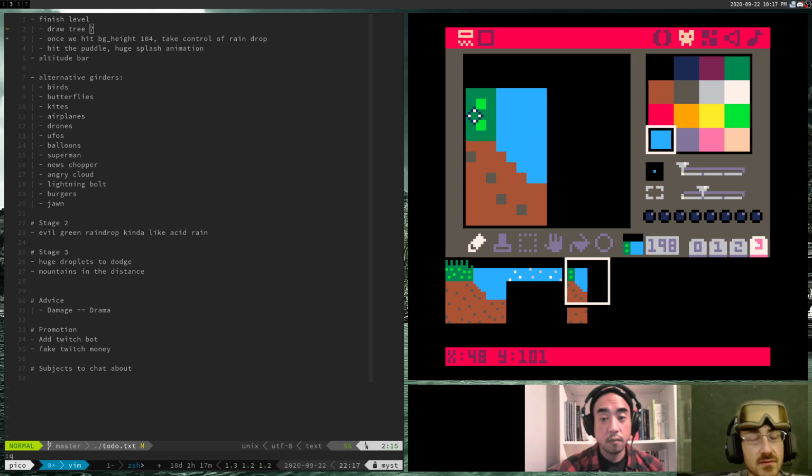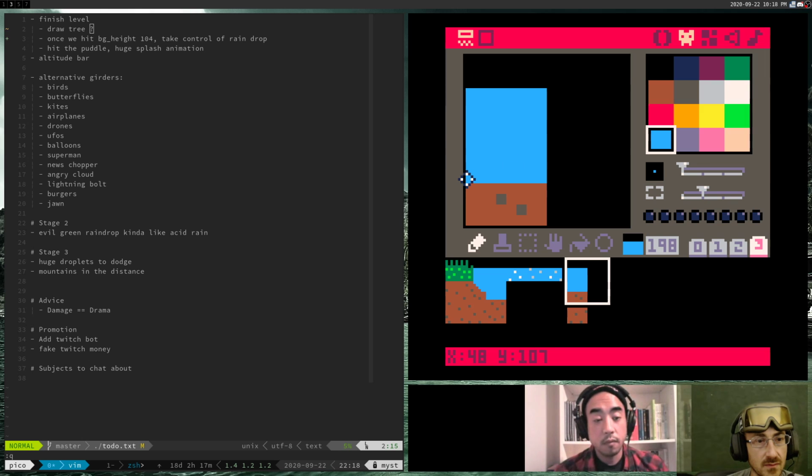Hang on. Okay, and then it's going to slope down a little bit more. It's going to have some of the dirt. I think that's a level, right?